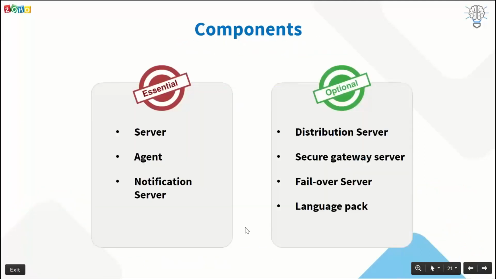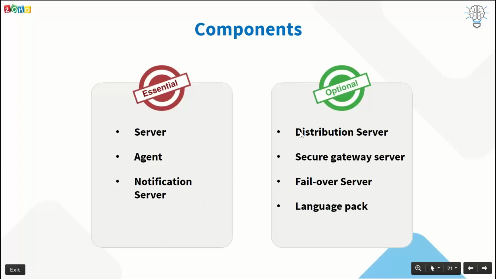Now let's take a quick look at the components required to get Desktop Central up and running. Since Desktop Central follows the client-server model, we essentially need the server and agent. The notification server is used to initiate on-demand tasks.